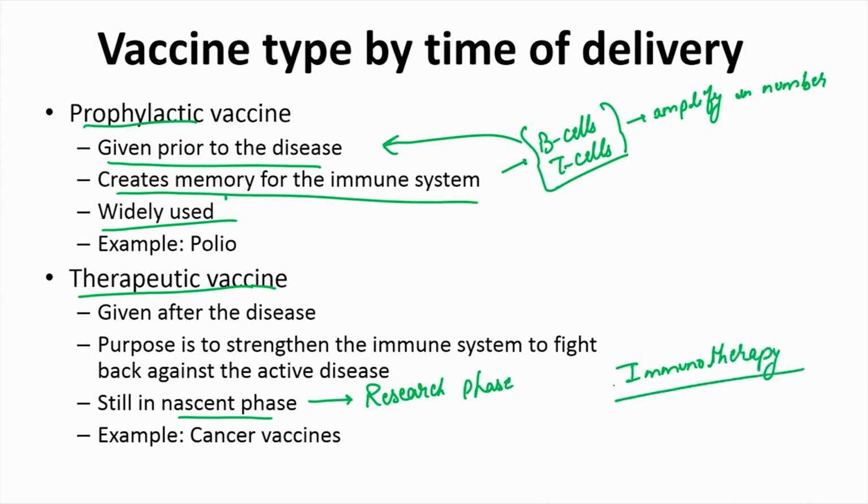A part of that also involves these therapeutic vaccines that are being used in the clinic and in patients, but very sparingly at this point of time. The hope is that this is going to take over in such a way that these cancers can be tackled through these cancer vaccines, but that is still to be seen.